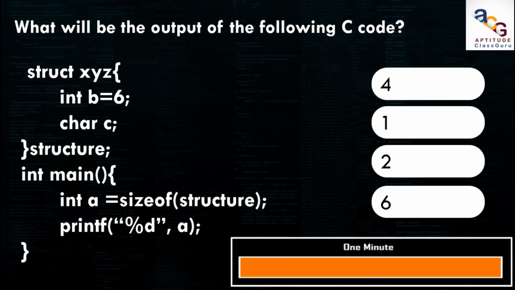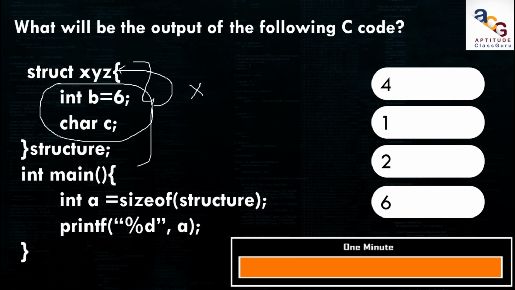What will be the output of the following C code? When I look at this type of problem, I will give you one suggestion: just go through the structure padding. How much space or how much size the compiler will allocate to the structure. Go through the structure padding theory, you will get awareness about it.